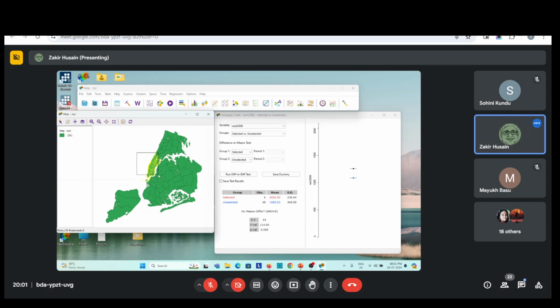Let me make it higher. So you can see, look how the pink line is shifting.